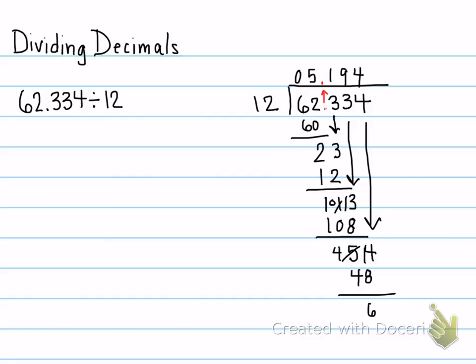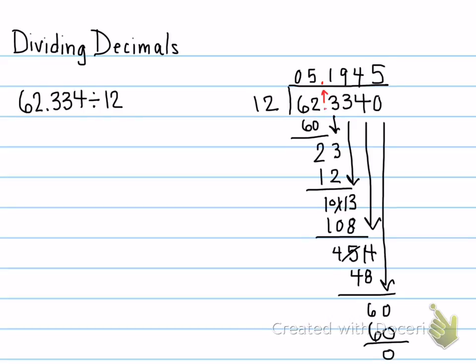Now, I'm done with my number, and I have a remainder still. So I can't write remainders when I'm working with decimals, so I have to add a 0. So I'm going to add a 0 at the end of the 4, and then I'm going to bring that 0 down next to the 6. 12 goes into 60 5 times. 5 times 12 is 60, and now I do have a remainder of 0.